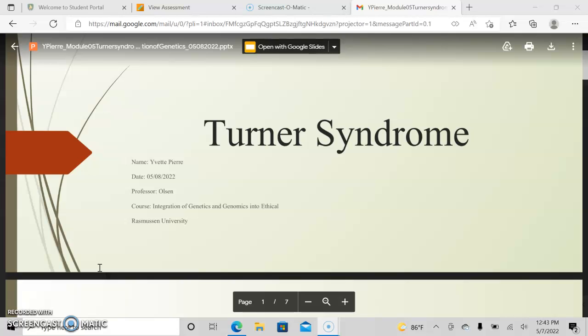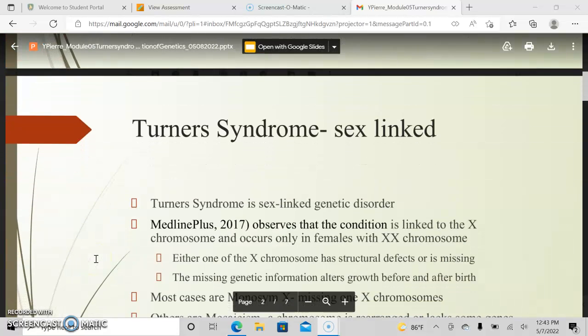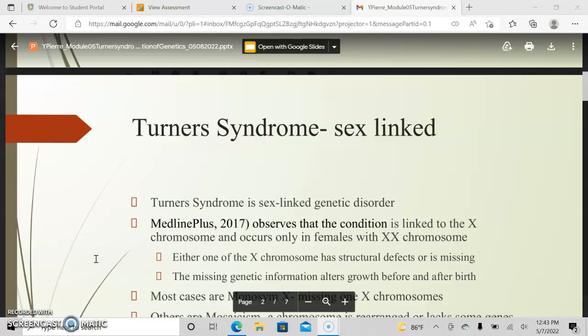I chose to talk about Turner syndrome. Turner syndrome is a sex-linked genetic disorder occurring in females. It is linked to the X chromosome and appears only in females with XX chromosomes.